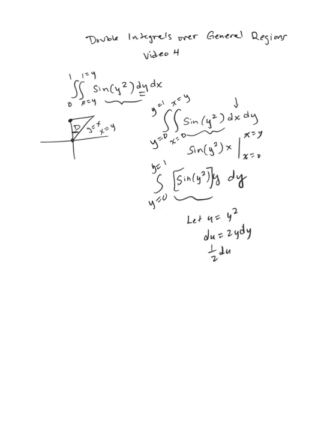Well, actually, I don't have to go back to my u. I could change my bounds of integration. That's always easier. Don't want to set a bad example for you here.